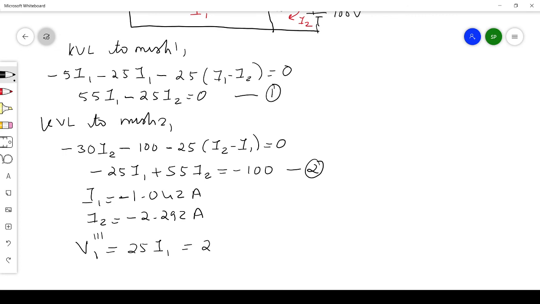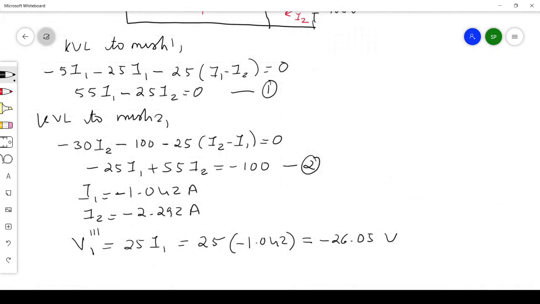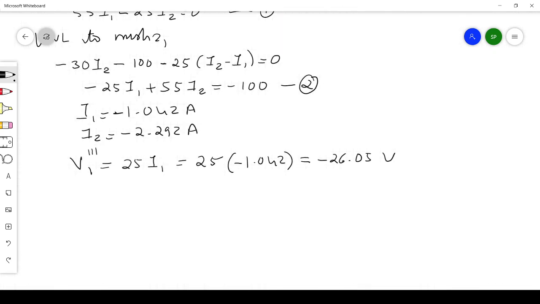So 25 into I1, which we already got, minus 1.042, so this is minus 26.05 volt. So we got all the values of the voltage across the 25 ohm by considering the sources separately.